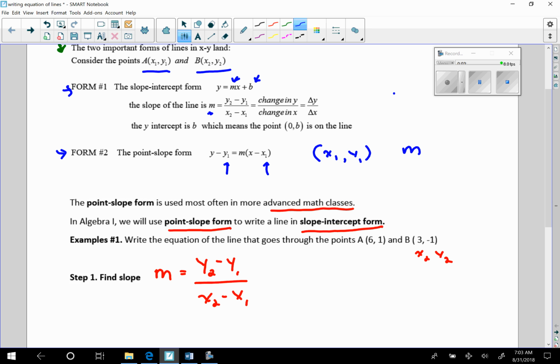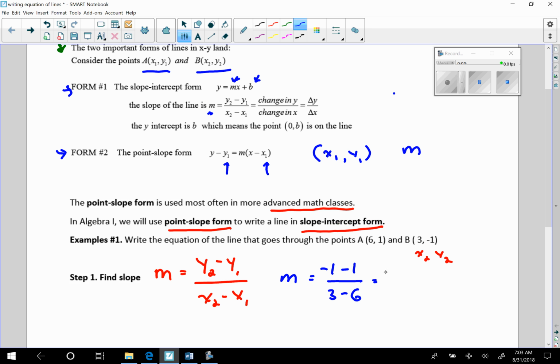Therefore, the slope is going to be negative 1 minus 1 over 3 minus 6. So I have y sub 2, which is negative 1, minus y sub 1, which is 1, over x sub 2, which is 3, minus x sub 1, which is 6.